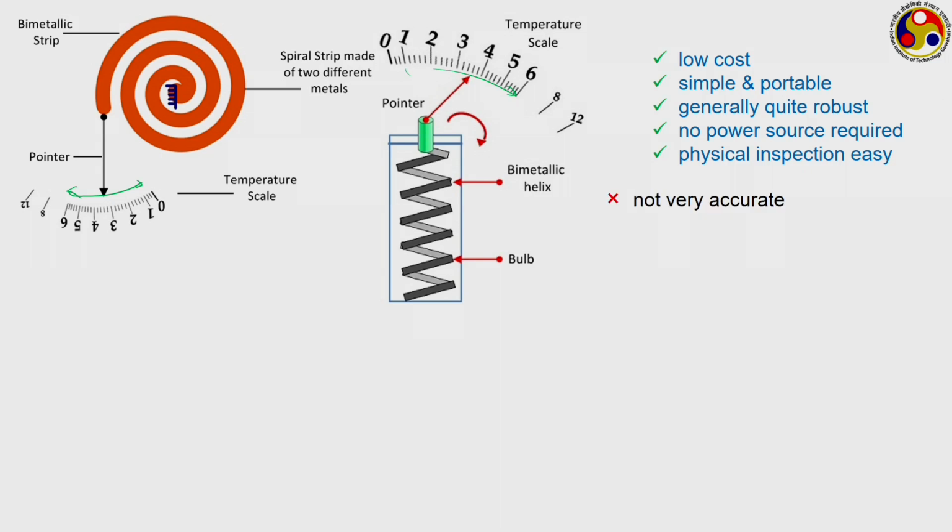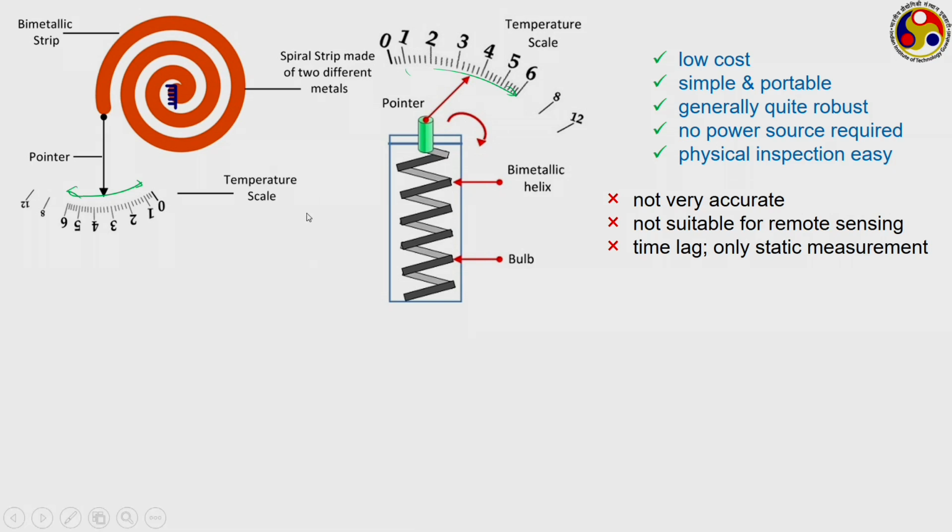But the problem is they are not the most accurate. They are not suitable for remote sensing also. You need to take the scale or thermometer in contact with the surface where you want the temperature measurement. It can't give you a measurement from some distance. Time lag is there because the pointer needs some time to settle down at a particular location, as the expansion or the bending phenomenon itself may take some time.